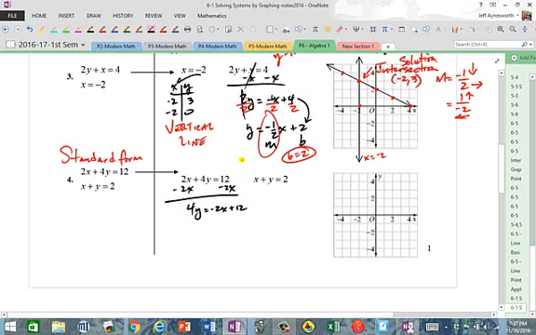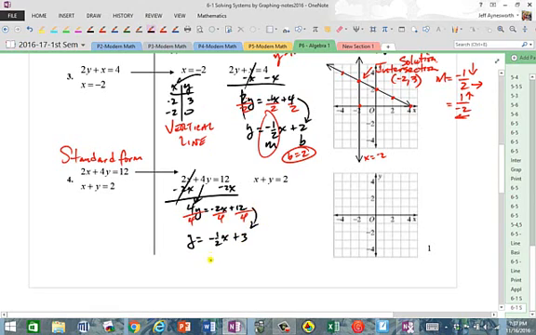You can write it as 12 minus 2x, or negative 2x plus 12, because I added the opposite to both sides. Now divide by 4. Always divide by the coefficient of y. And we have y equals negative 1 half, reduce your fraction, times x plus 3, since 12 divided by 4 is 3.